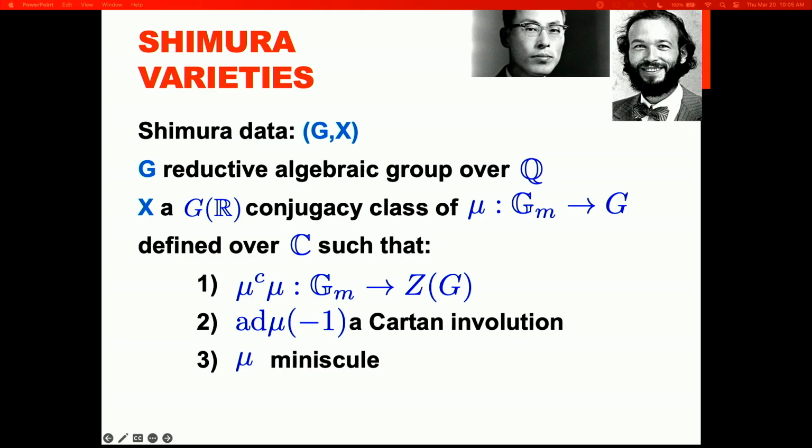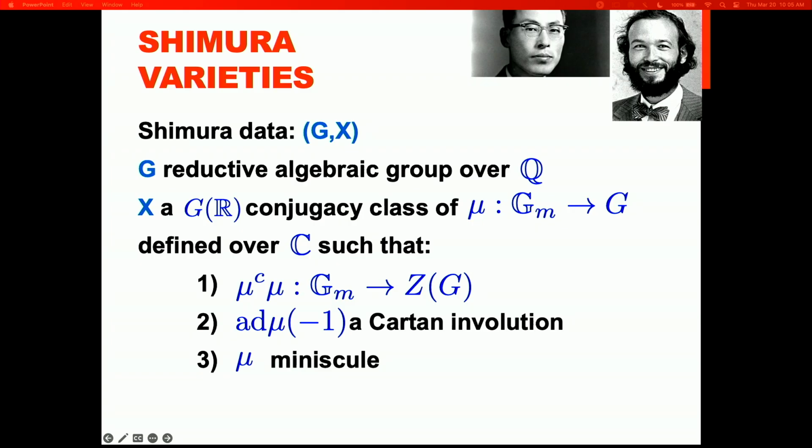The first being that if you take the product of the co-character mu with its complex conjugate, then it's valued in the center of G. Taking products of co-characters is not always a good idea, but if the product happens to be valued in the center, then it is again a co-character.